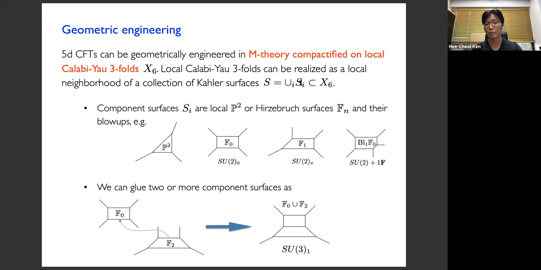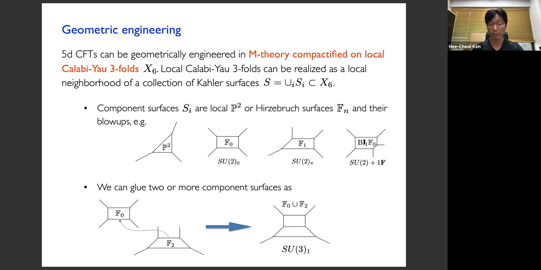And the number of these component surfaces is basically the dimension of the Coulomb branch in the field theory. Each component surface S_i is either a local P2 or a Hirzebruch surface F_n, or their blow-ups. And these are some examples. So this is P2, and this is F0, F1, and this is a blown up F0.